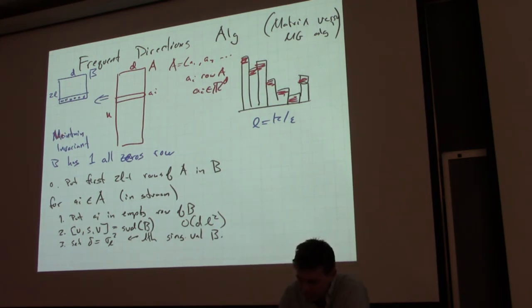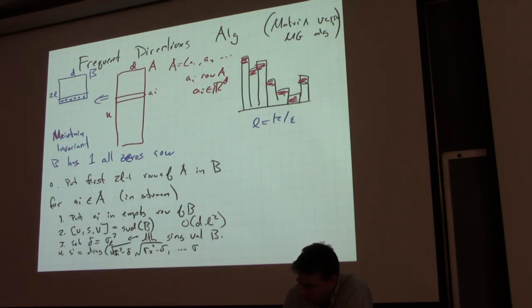I'm going to set S prime, so that I update this singular value matrix to be the diagonal of the square root of the first singular value squared minus delta, the second singular value squared minus delta, square root.